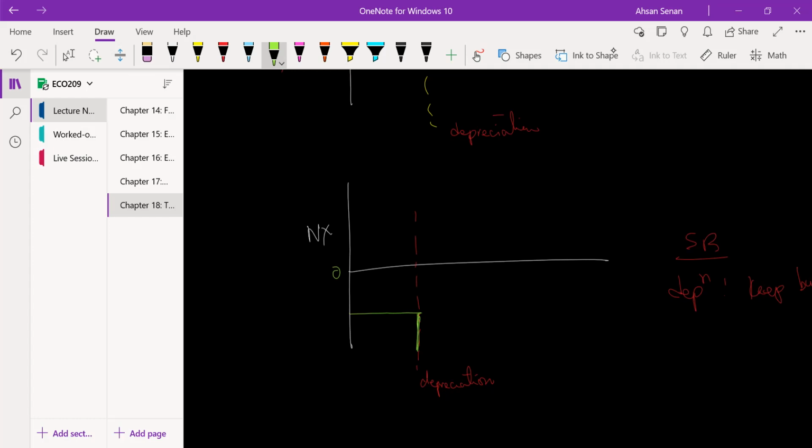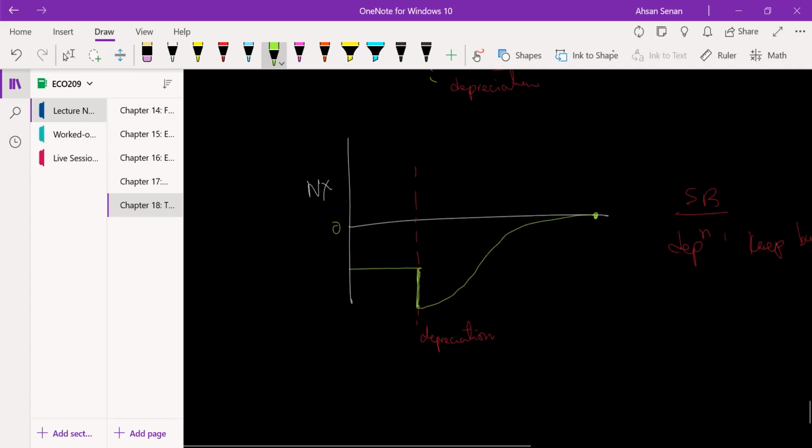And since selling goods have become cheaper, we're not making much money. So in the short run, this is going to go down. Our situation is going to get worse, but then over time, we're going to get to where we want to be. Okay. And so that's why this is called a J curve.